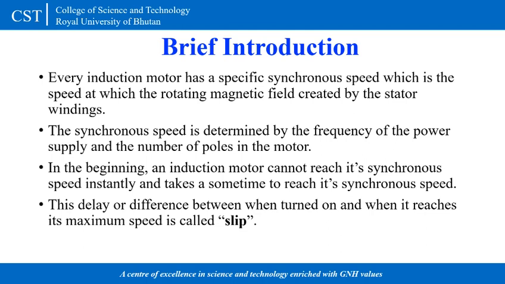The frequency of the power supply in Bhutan is 50 Hz. Like most countries we have 50 Hz, except for the American countries, which have 60 Hz. The number of poles in the motor is usually 4 to 8, and at max it will be 12.